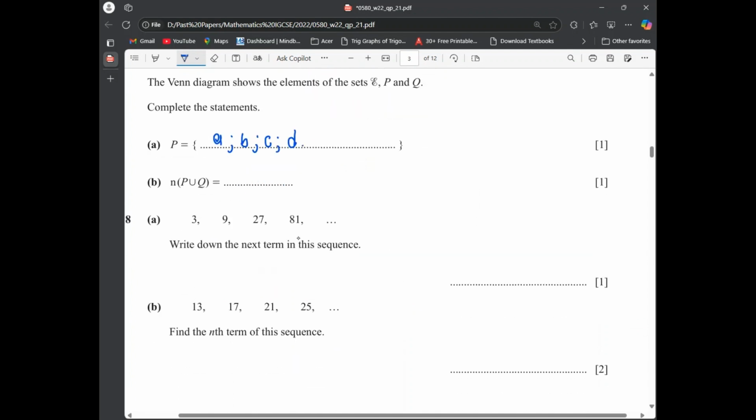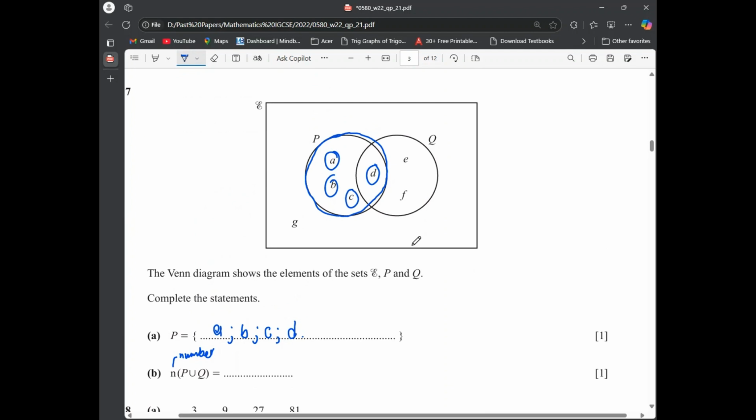This small n in question B means the number of elements in P or Q. The small n means how many, in other words, how many elements are in set P or set Q, right? So let's count them.